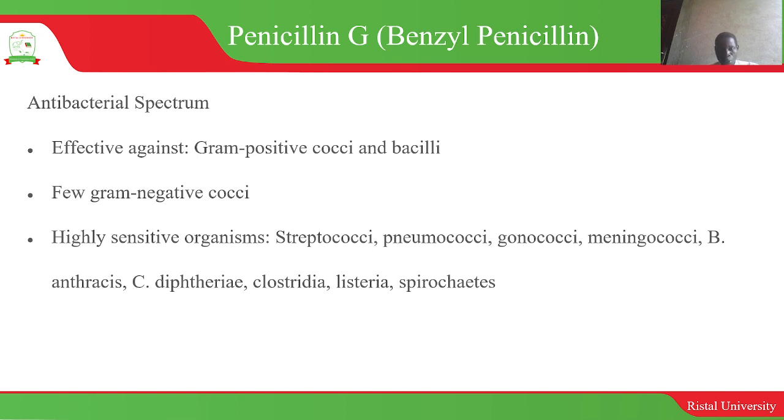We already mentioned the cocci and also the bacilli: Bacillus anthracis, Clostridia, diphtheria, Listeria, and also the spirochetes. Spirochetes are like the Treponema group that we talked about. Treponema pallidum, the causative organism for syphilis, falls in this group of spirochetes. So all these are the category of infections that penicillin G is effective against.